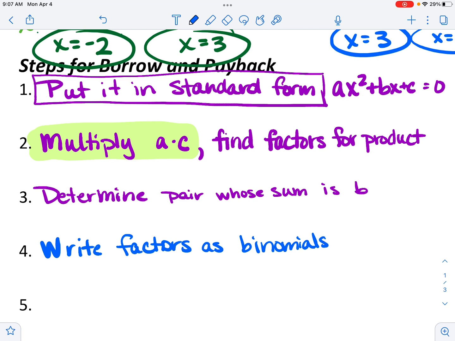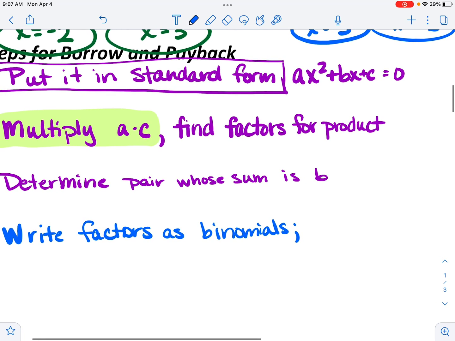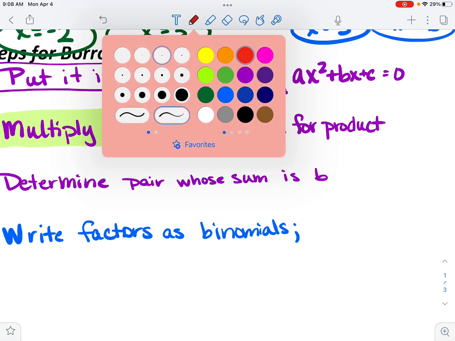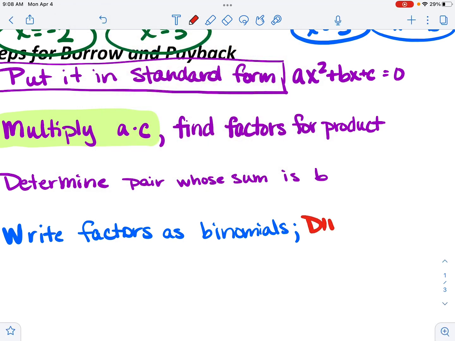But then we have to, and this is the most important part, we have to pay back that A that we've already done. So you have to make sure that you remember to divide by A.